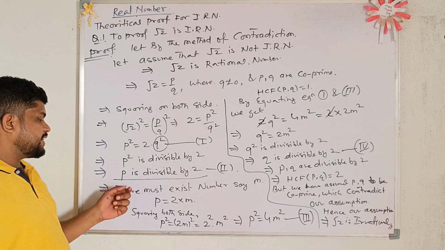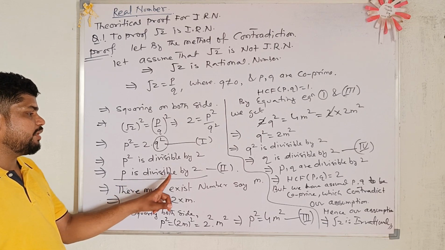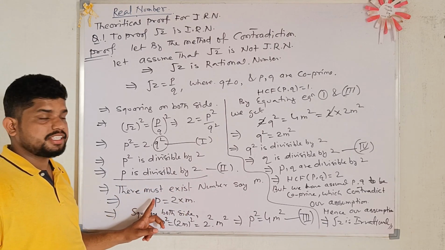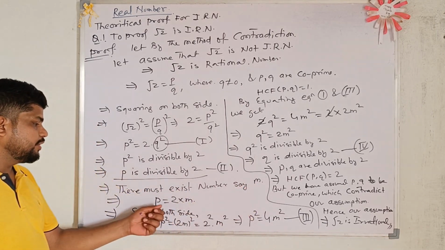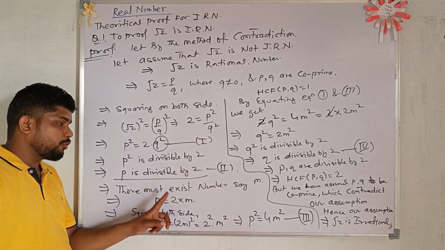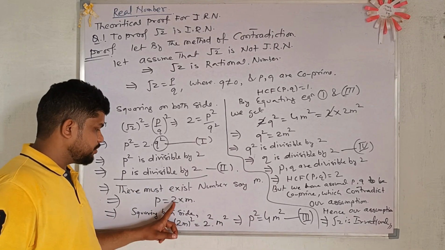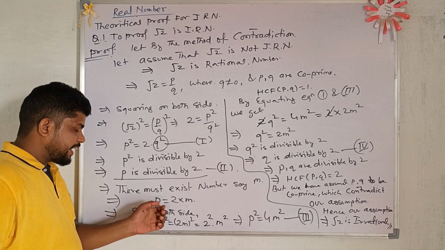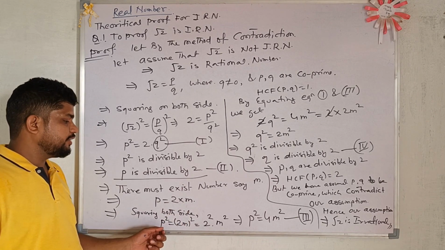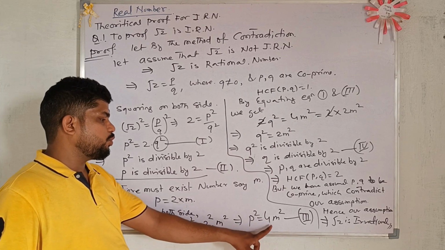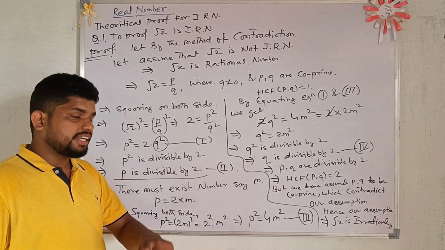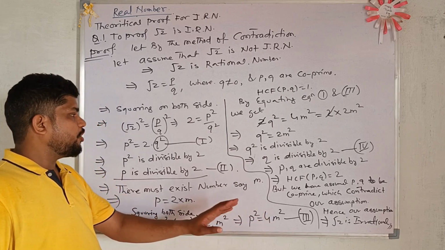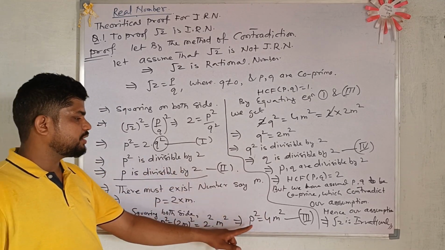Now, if p is divisible by 2, then there must exist another number, say n, for which p is the multiple of 2. So we have written p equals 2 into n. Again, squaring on both sides, we get p square is 4n square, which we have taken as equation number 3. Now equating equation number 1 and equation number 3.